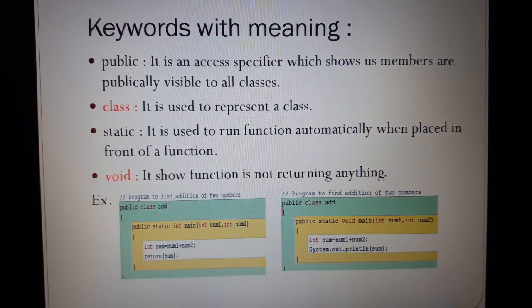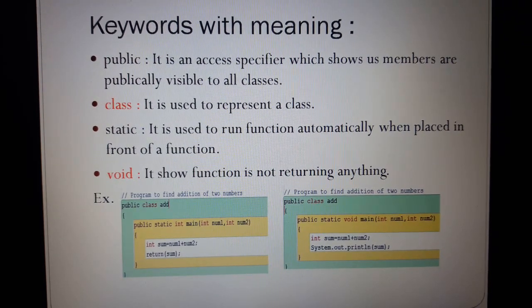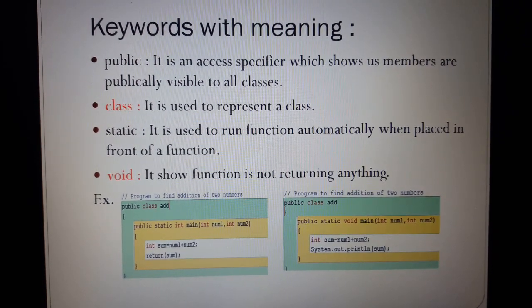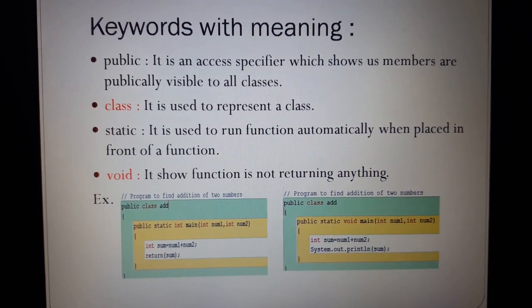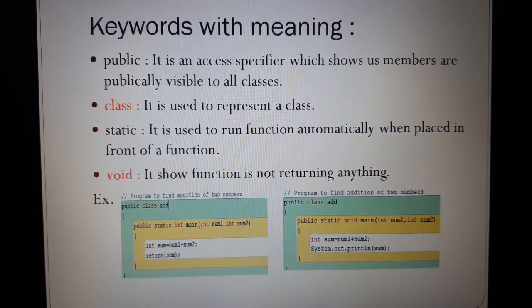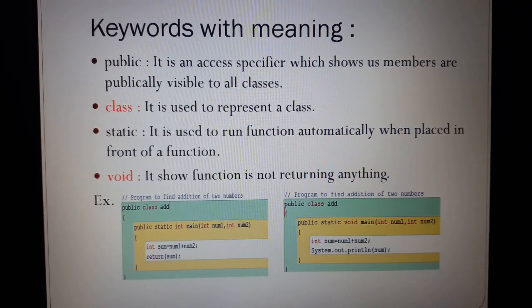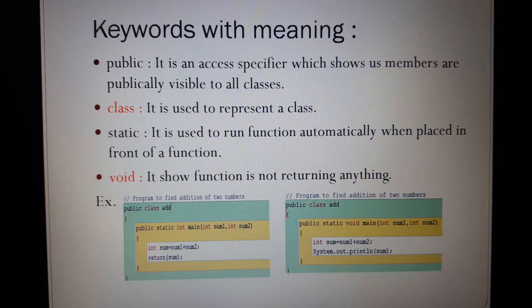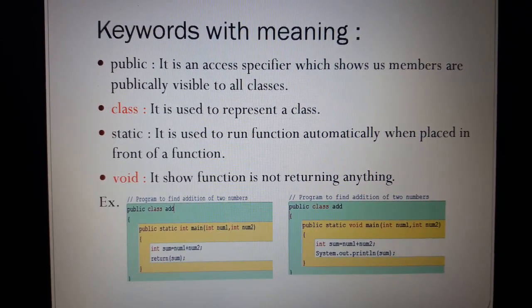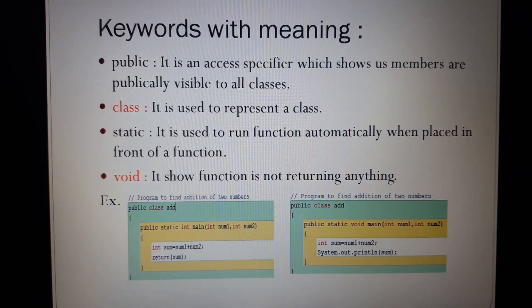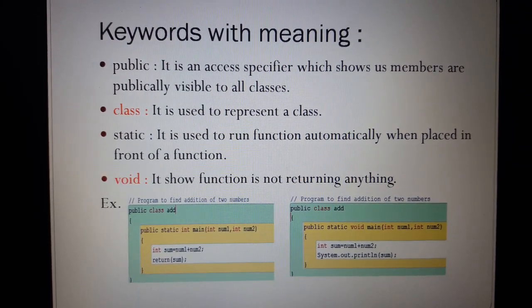Public is a keyword which is an access specifier which shows us the members are publicly visible to all classes. And the next one, class. As I told you earlier, in Java everything is written in a class only. That's why we have the keyword class, which contains data and functions.